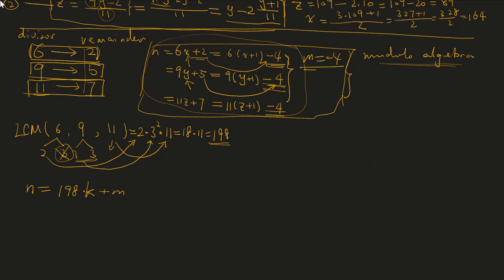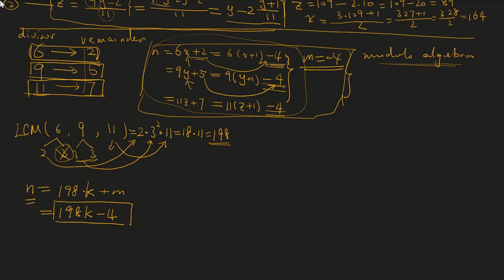Good. Since we have this common remainder of minus 4, we can construct our n as 198k minus 4.